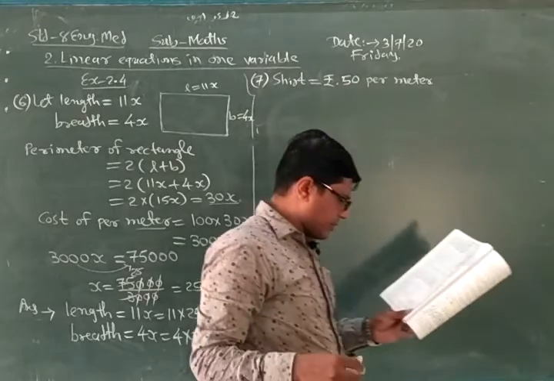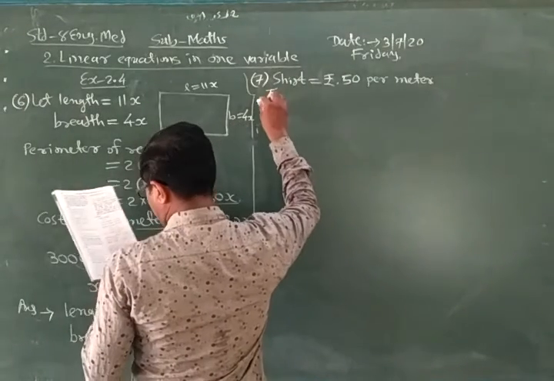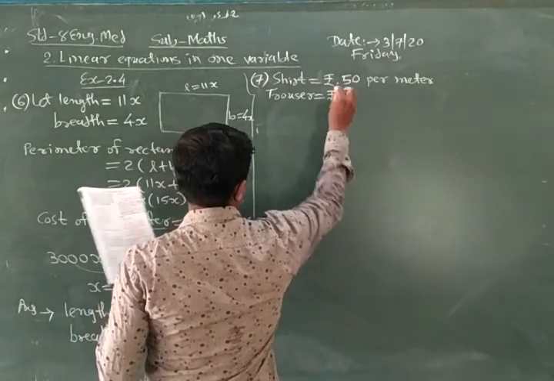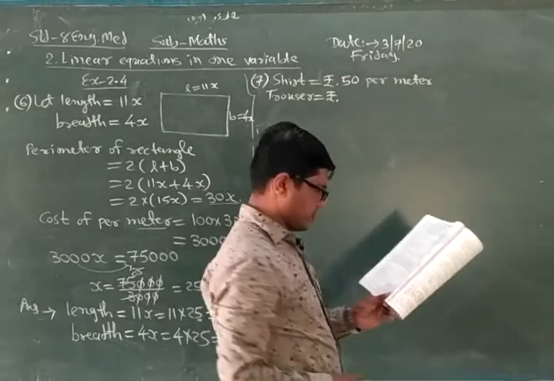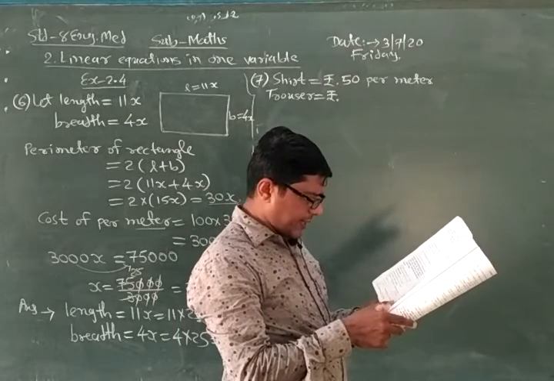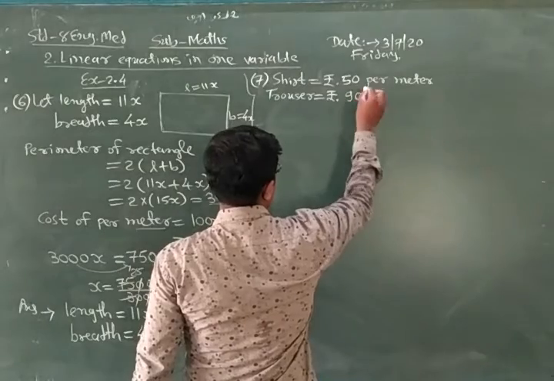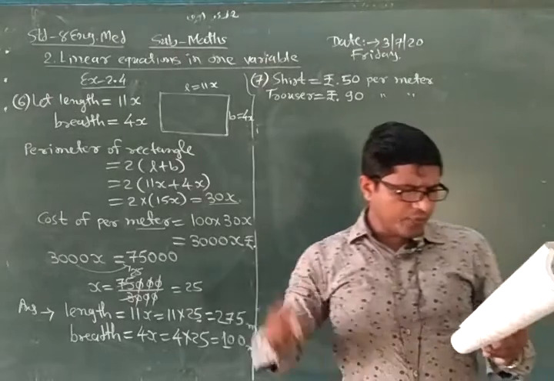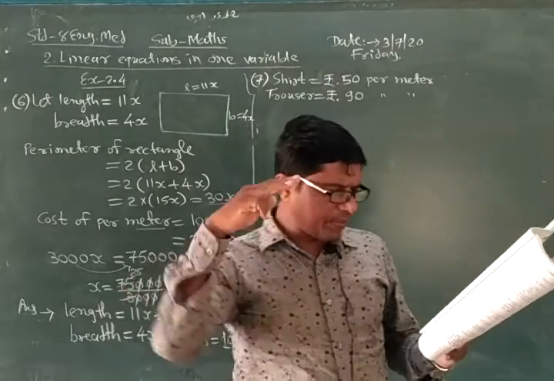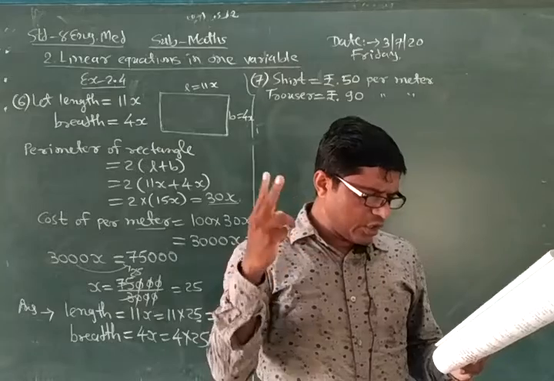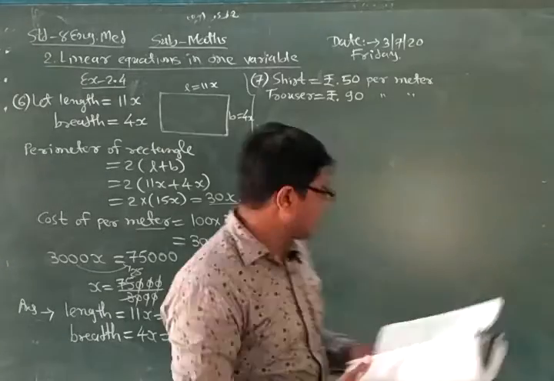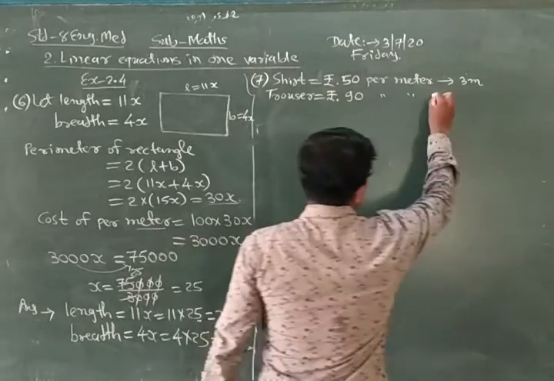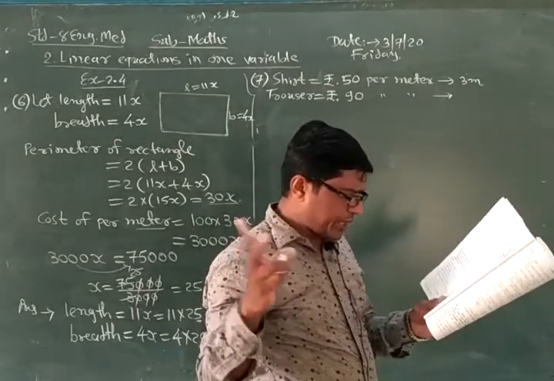And trouser material, the price of the trouser material is given as ₹90. Okay, same, per meter. Now for every 3 meters of the shirt material he buys 2 meters of the trouser material. 3 meters for shirt and 2 meters for trouser.